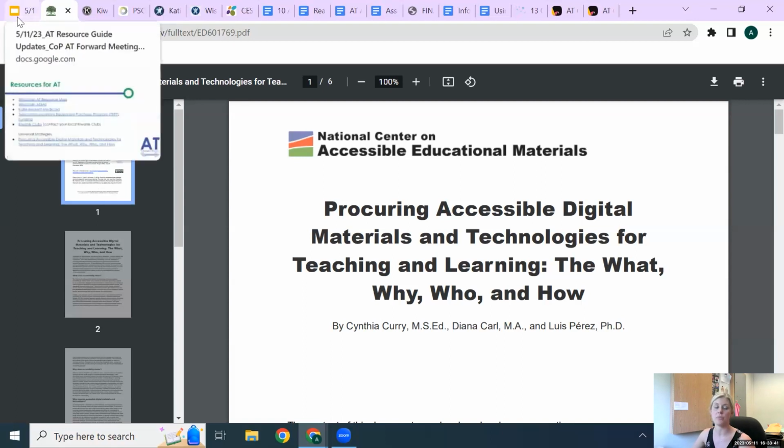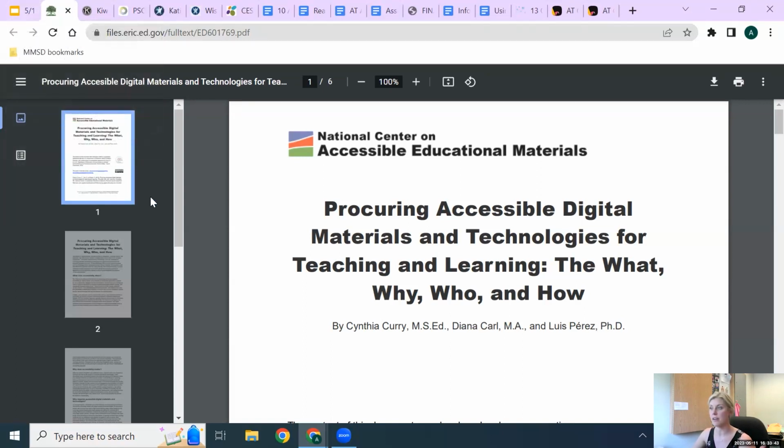So how do we procure materials that are readily available for students? So instead of doing the backwards work of trying to get something in a different format after we've already purchased it, how can school districts and different organizations really work on promoting the accessibility from the start?